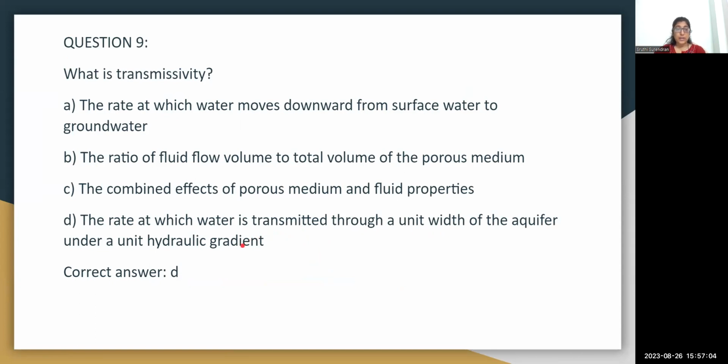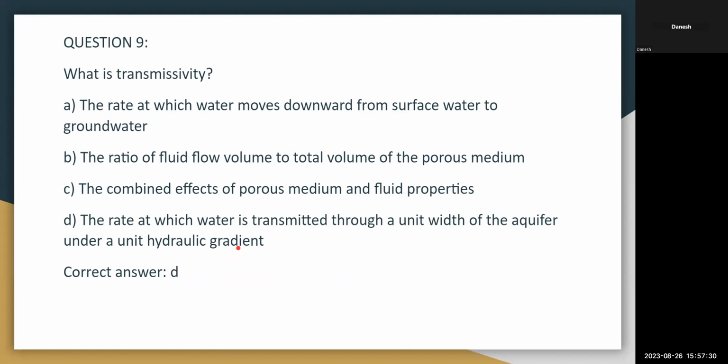This option should have been hydraulic conductivity. But none of the other options relate to the transmissivity term, so you could have chosen option D. Again, this question is a little ambiguous. The correct term here should have been hydraulic conductivity, not hydraulic gradient.